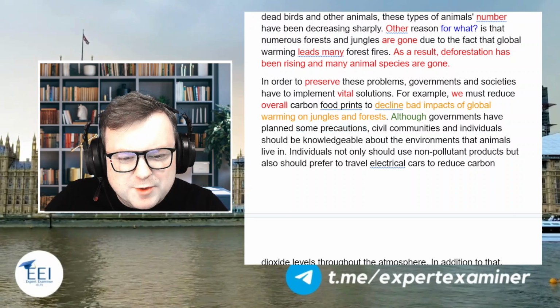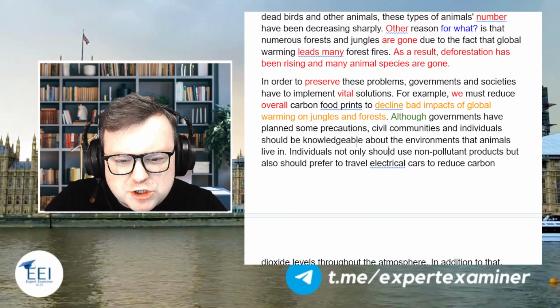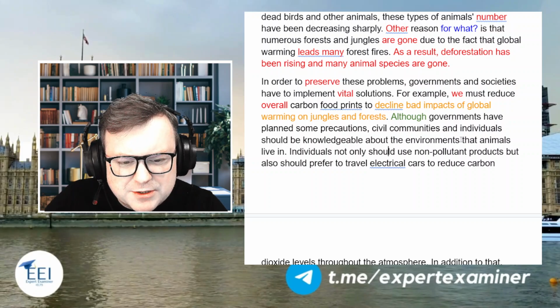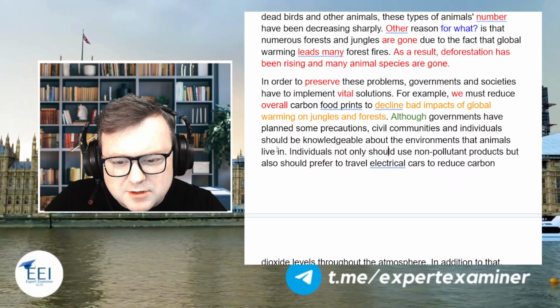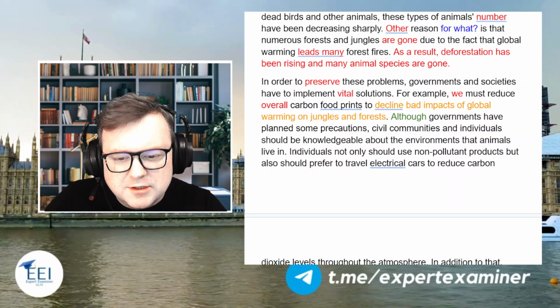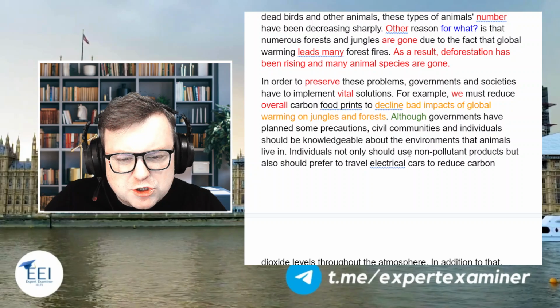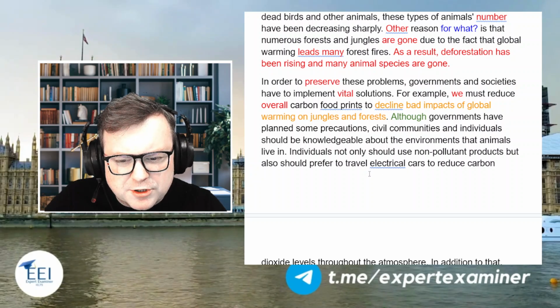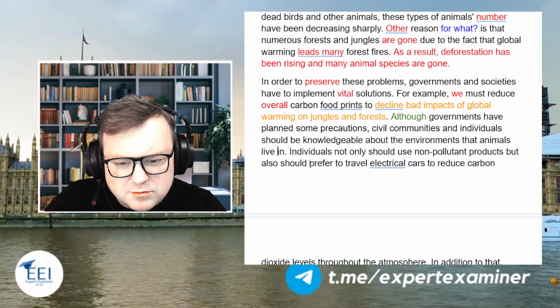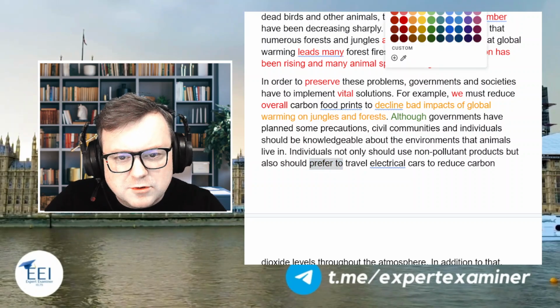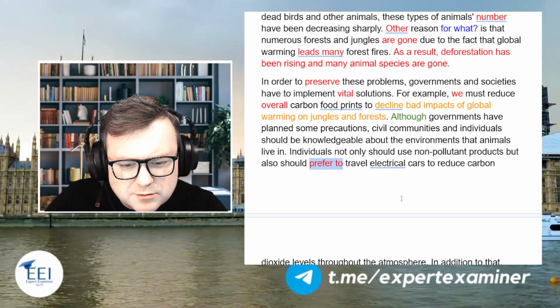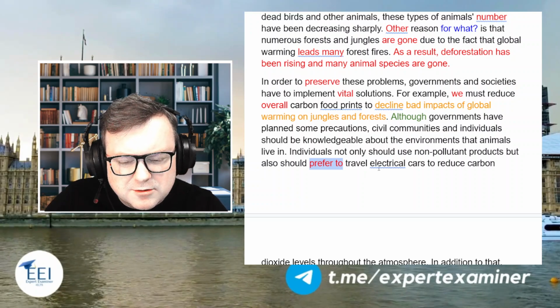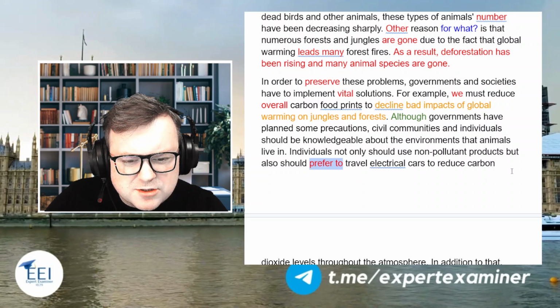Okay, civil communities and individuals should be knowledgeable about the environments that animals live in. Agree. This is good. Individuals not only should use non-pollutant products, but also should use electric cars.